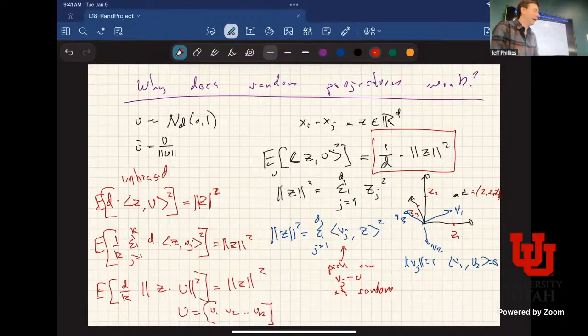So if I concatenate these together, I can write it in this way. If I push this inside, it goes through the square, so it becomes the square root of d over k. So this is roughly how the algebra works, and this gives an unbiased estimate.